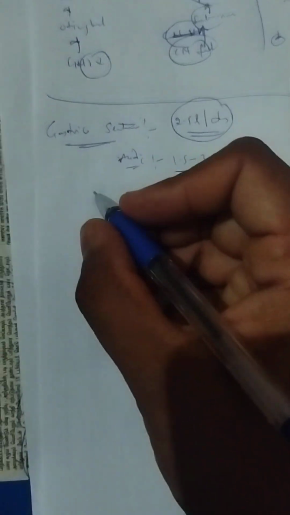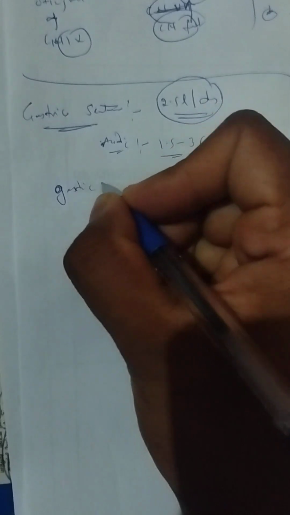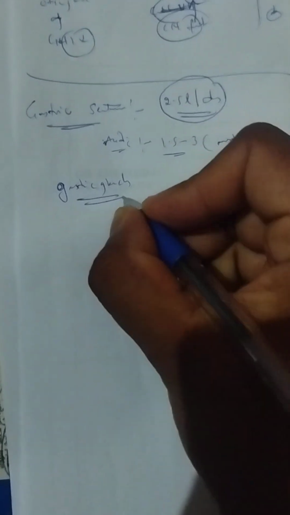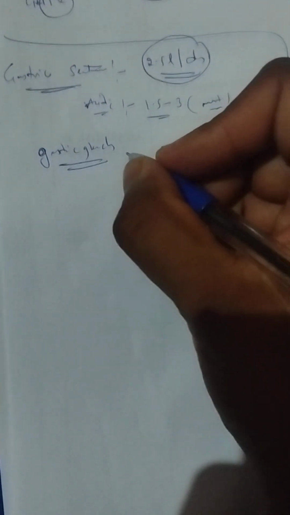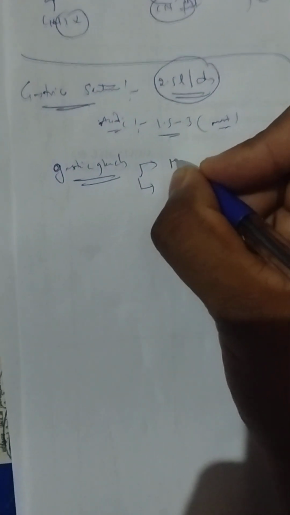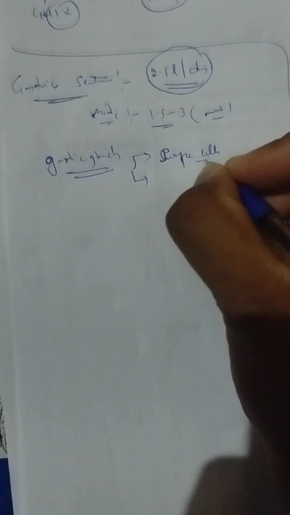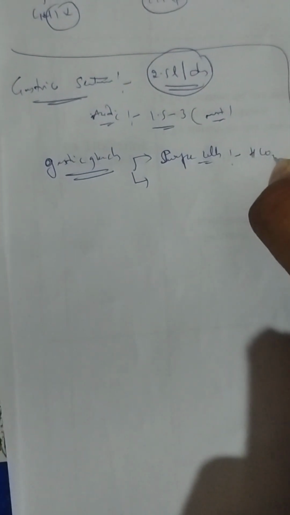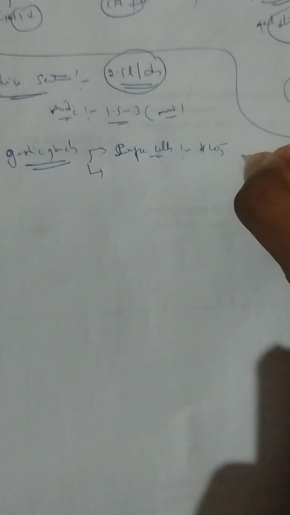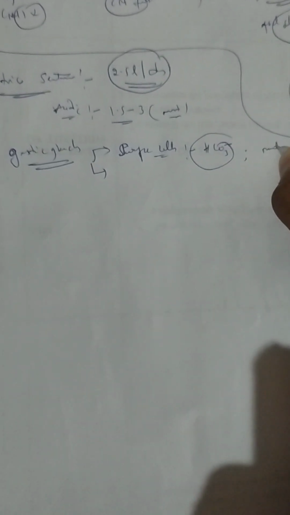We have gastric glands, which have different kinds of cells. For example, on the surface we have surface cells. They produce bicarbonate ions, which help in neutralization of the acid.